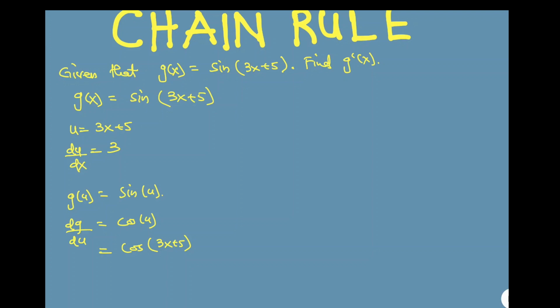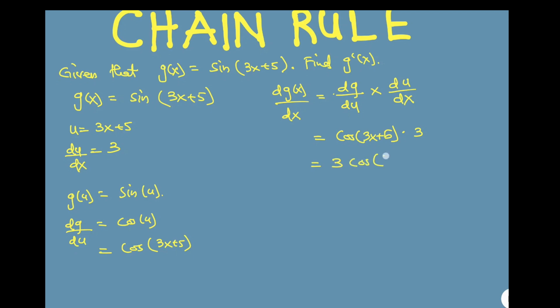Using our chain rule, the chain rule says that the derivative of g of x with respect to x is the derivative of g with respect to u multiplying the derivative of u with respect to x. And that gives us the cosine of 3x plus 5 multiplying 3. And that simplifies to get 3 cosine of 3x plus 5.